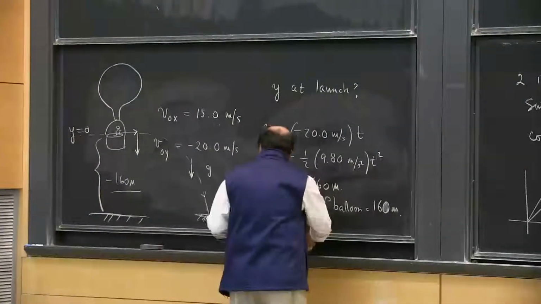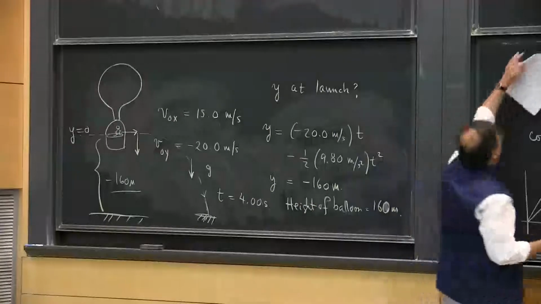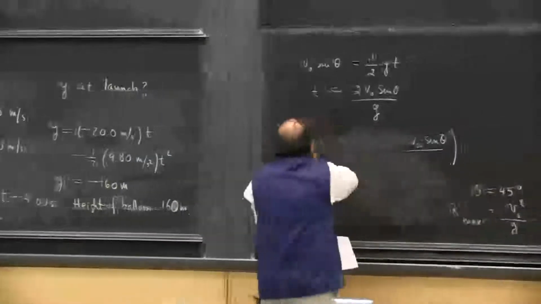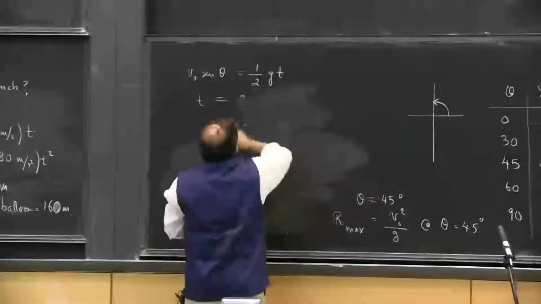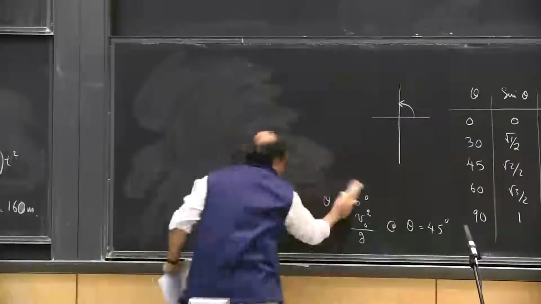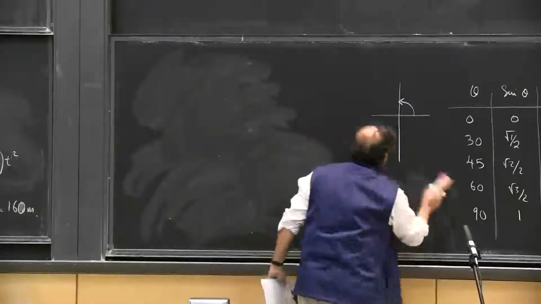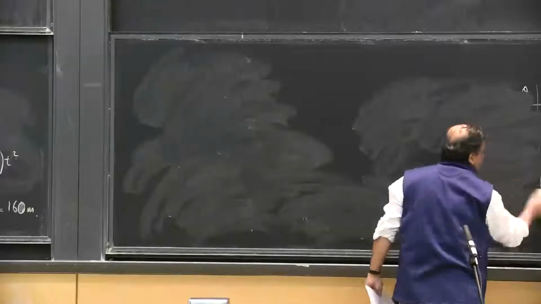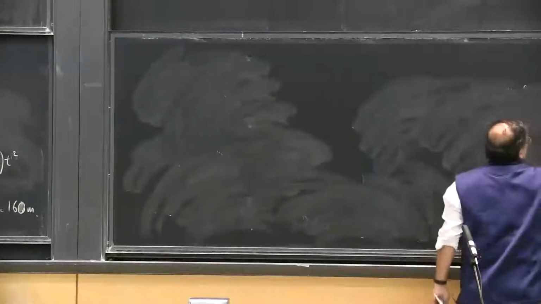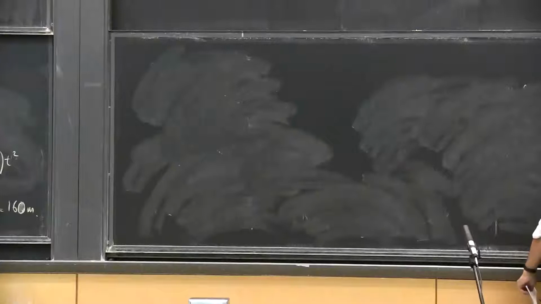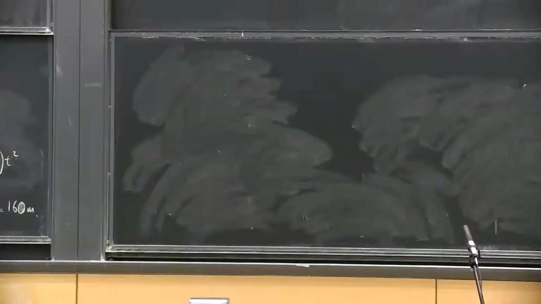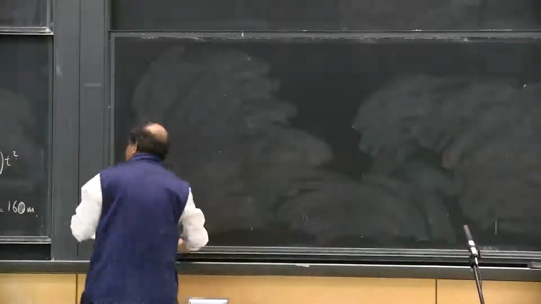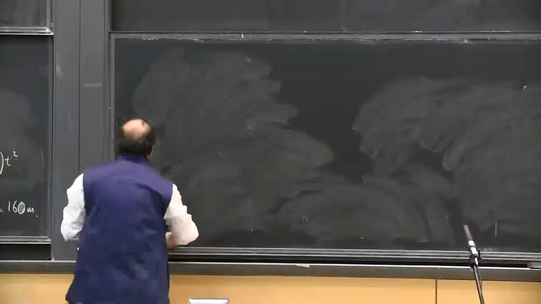Let's now see what is the horizontal distance traveled by this rock. The horizontal distance traveled by the rock is quite easy because you already know the horizontal velocity.